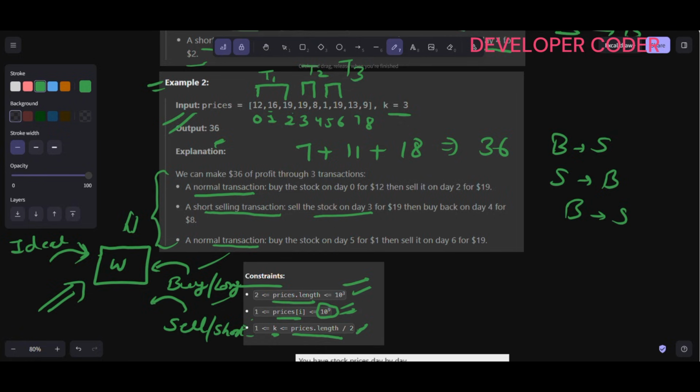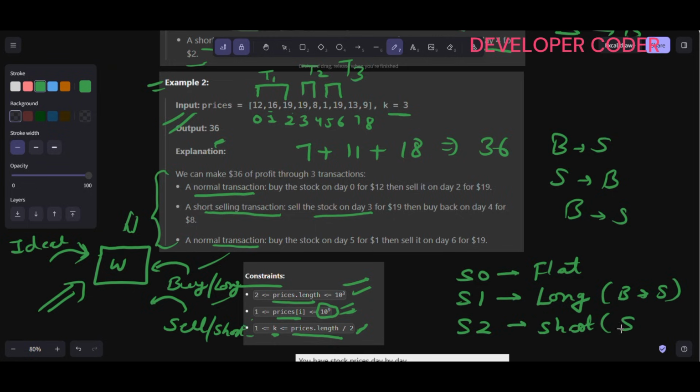So that simply means that we have total three states: state 0, state 1 and state 2. State 0 means flat, you don't do anything. State 1 you can say for long, that simply means you are first buying and then selling. Or state 2 you can say for short, where you are selling first and then buying.